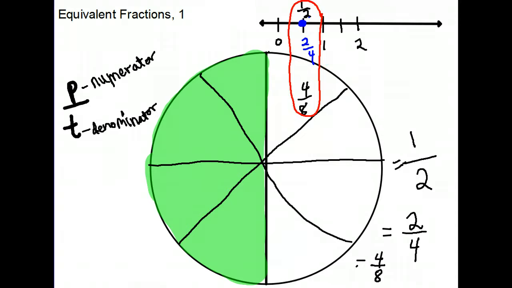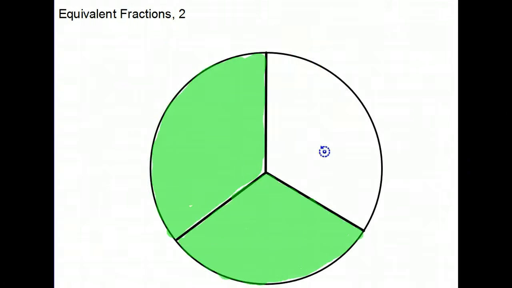Now let's see what that means in a slightly different context. Here we have a pie, again, that's now cut into how many pieces? Well, let's count them. There's 1 piece, 2 pieces, and 3 pieces. So I know that the denominator, the value, is 3 pieces here.